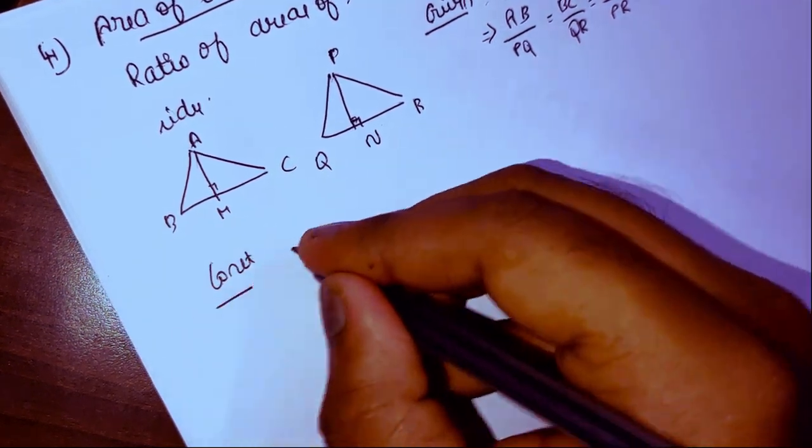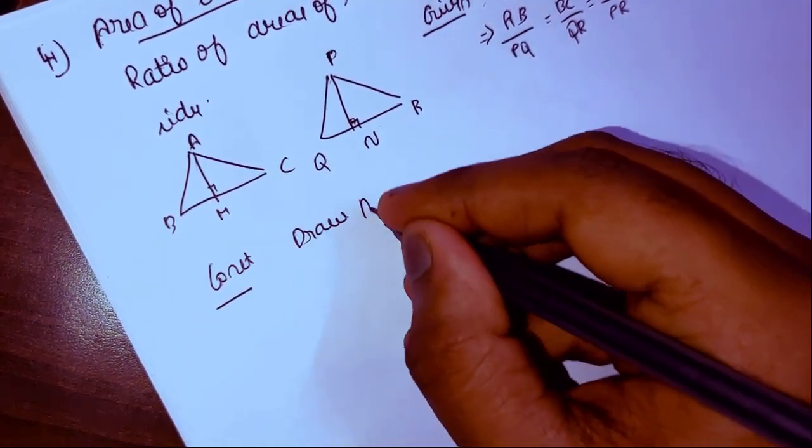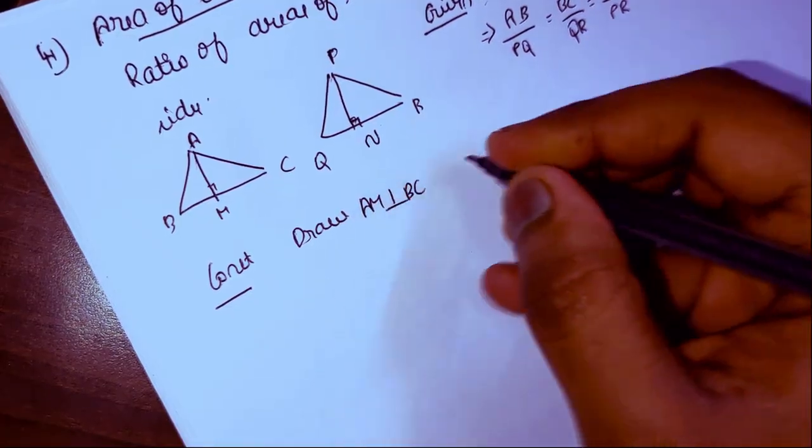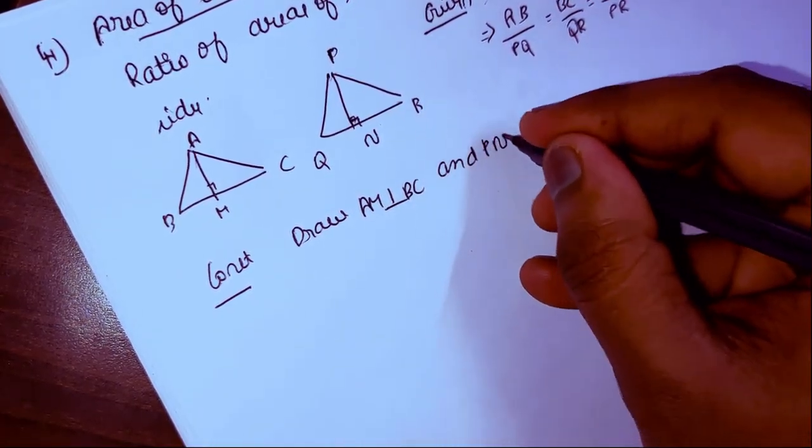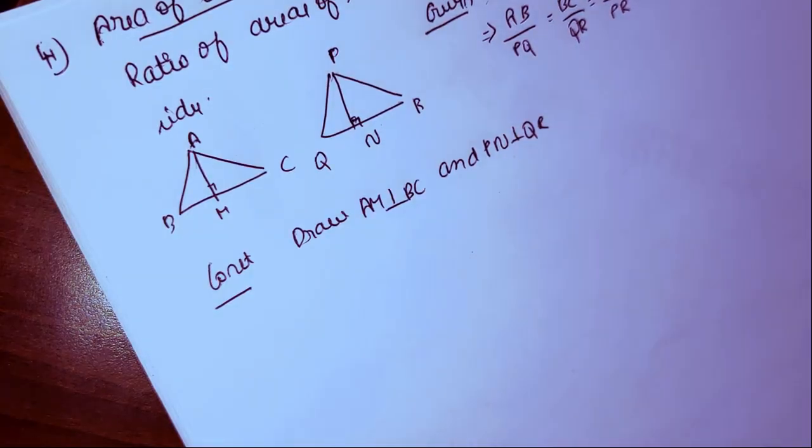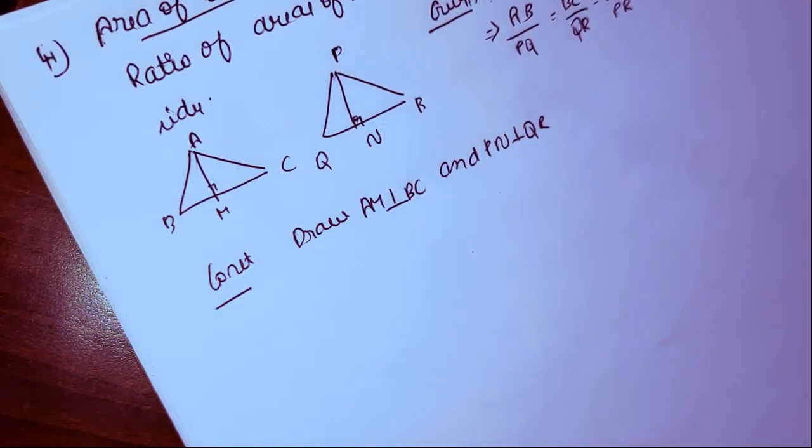We'll write the construction. Draw AM perpendicular to BC and PN perpendicular to QR. We start with the proof.